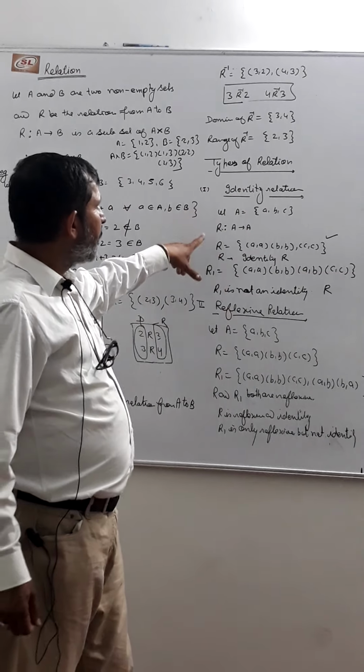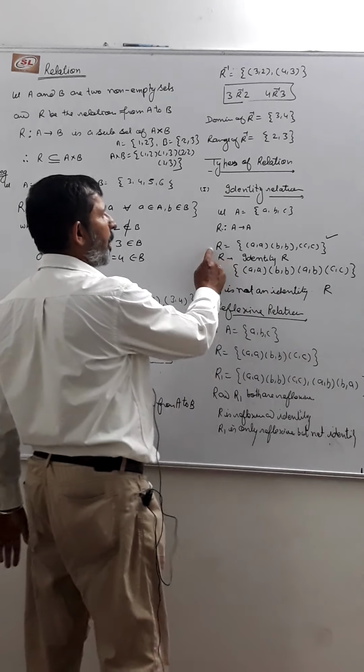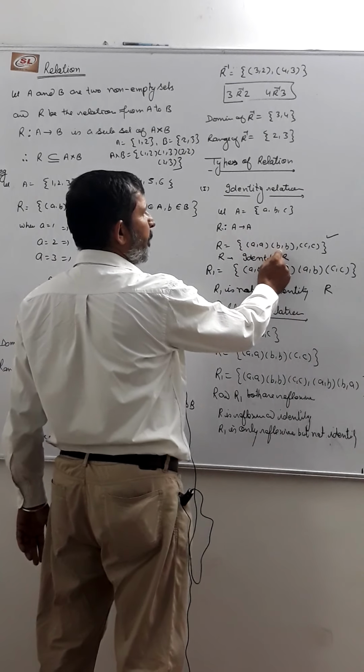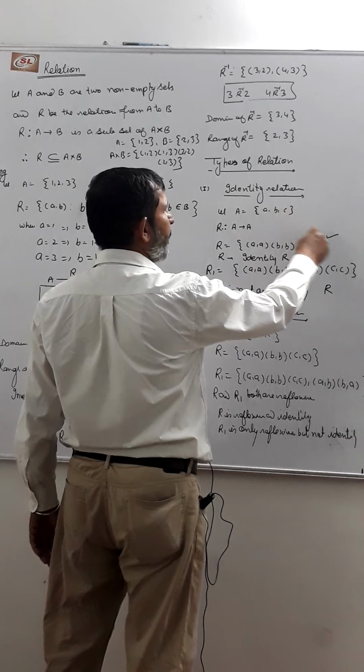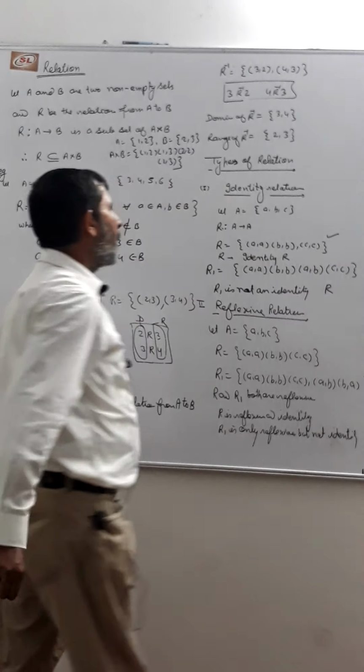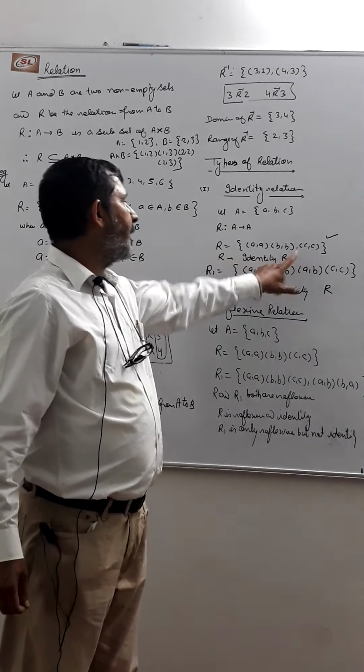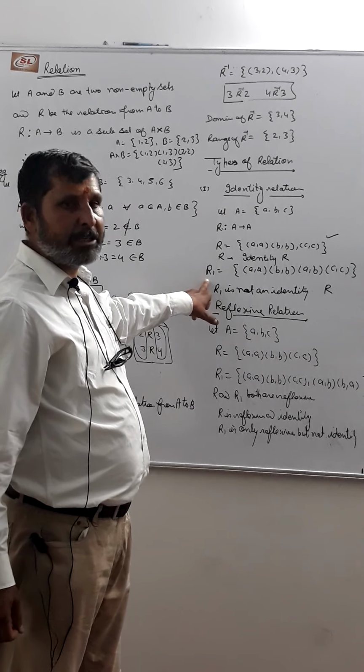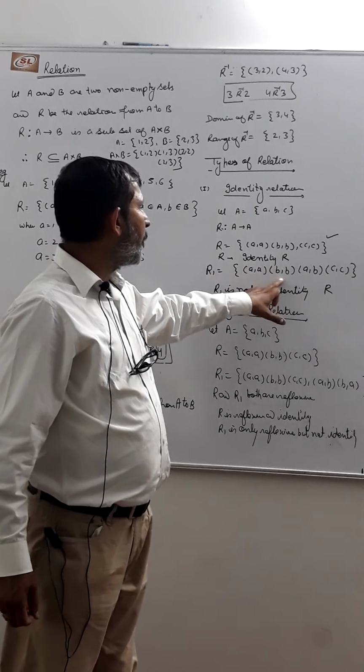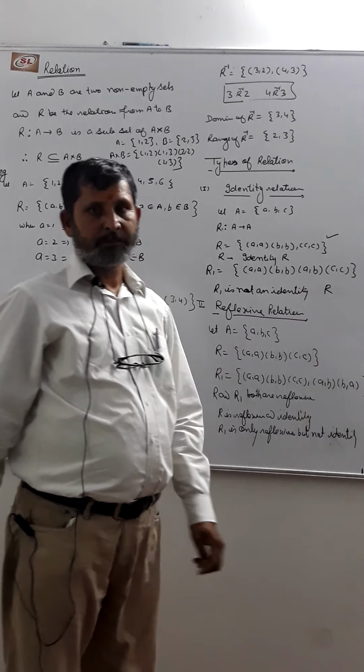In this part, two relations are given. First, R = {(a, a), (b, b), (c, c)}. Because every element is related to itself, R is an identity relation. Let us suppose the second relation is given, R1 = {(a, a), (a, b), (b, b), (c, c)}.